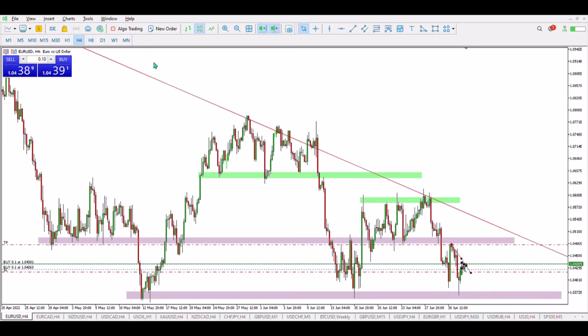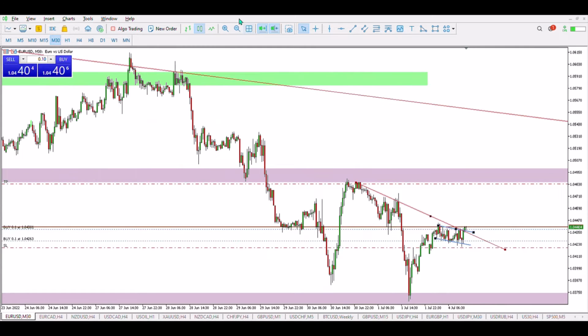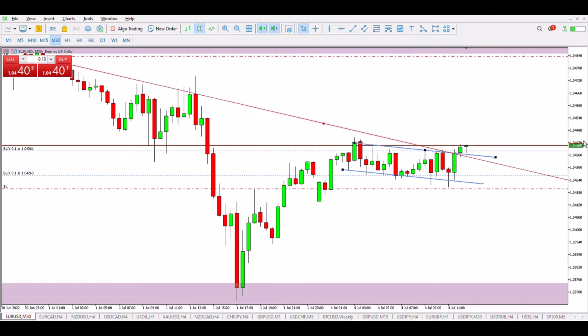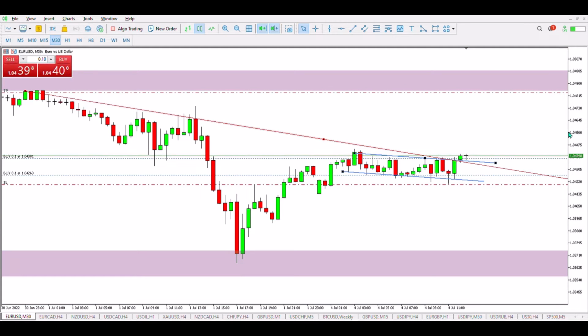Now let's see what we have on the 4-hour chart. Yeah, there is a nice resistance. And back on the 30 minutes chart, you can see the strong engulfing candle.